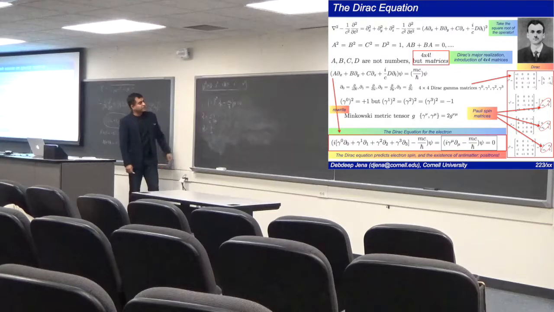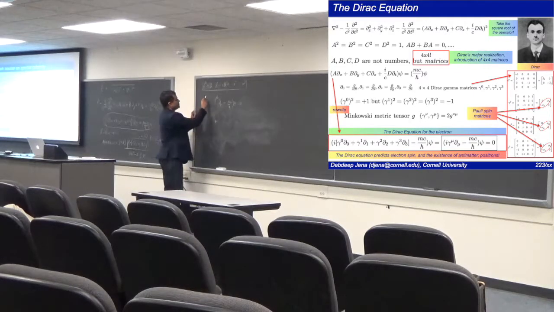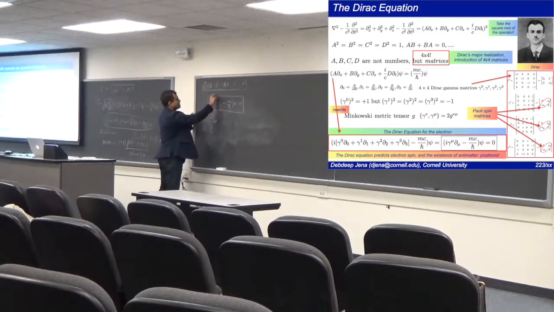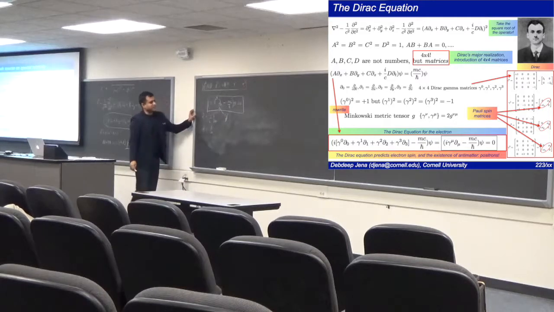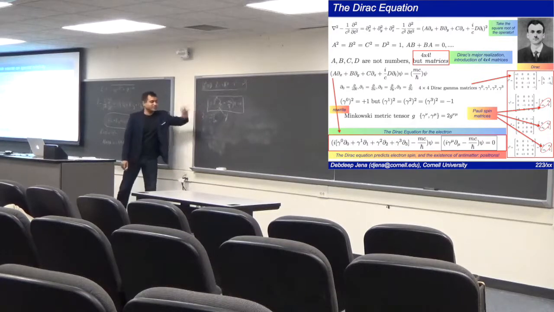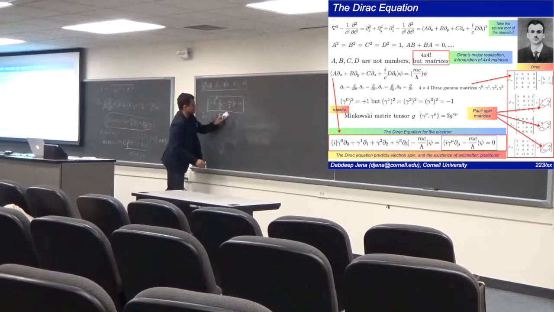So this is really the full-blown Dirac equation, but written in a nice and compact way. Sometimes this term is written as del slash. Feynman introduced a slash notation to make it even more economical. But these are all notational things which we don't need to bother about.